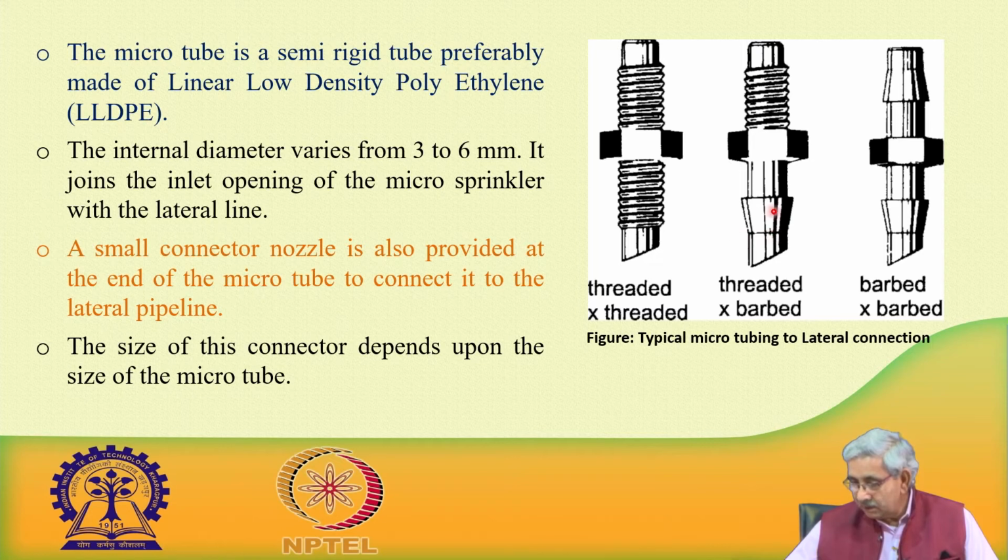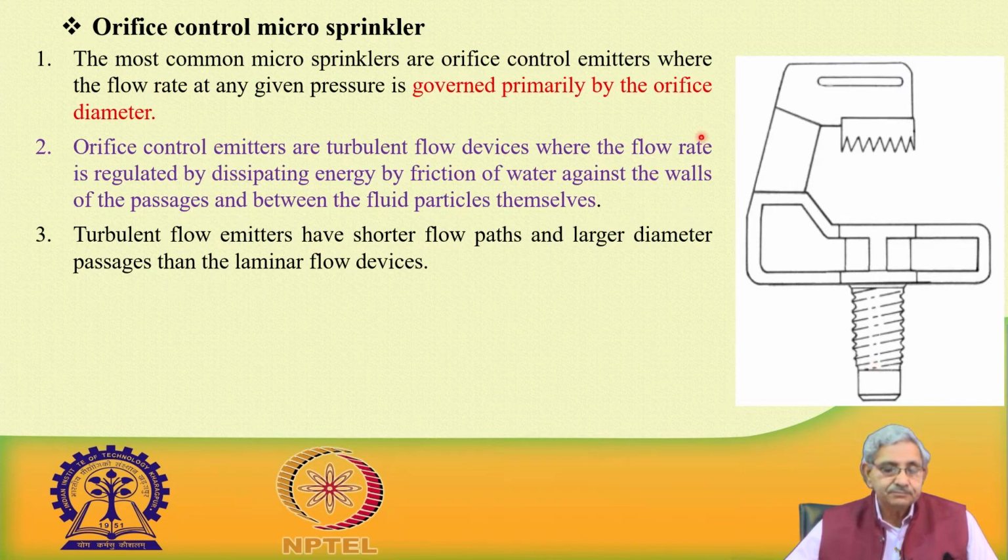This is another kind of arrangement, where both ends go to the microtube, and at the end it also goes to the lateral pipeline. So, it will depend upon the type of micro sprinkler which we are using, and its size.